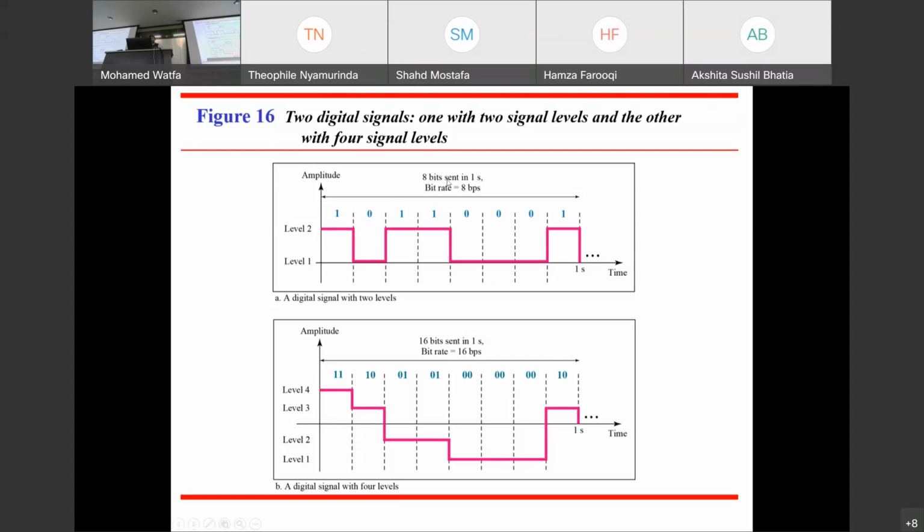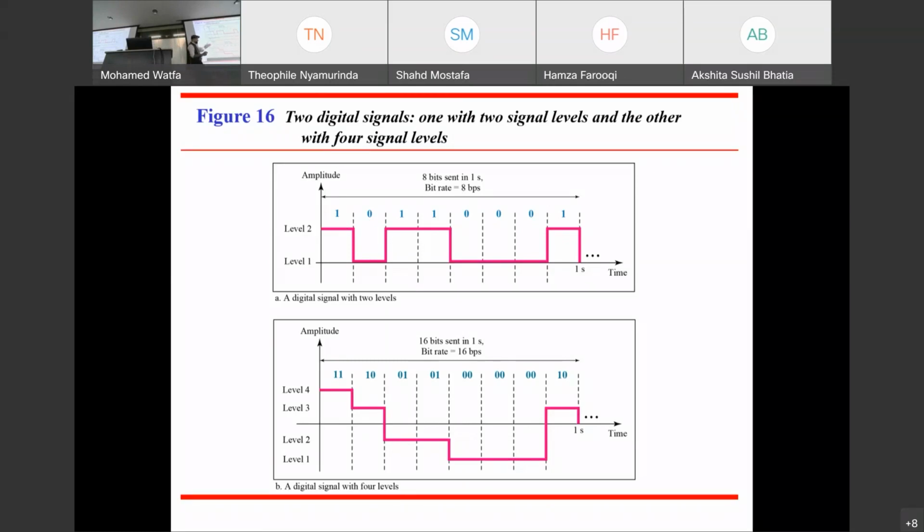If I have 8 bits sent in 1 second, my data rate is basically 8 bits per second. Very simple: 1 bit, 1 level. This is definitely not used. It's super slow and doesn't do much. Imagine every bit needs a level signal. Of course, what we use is way better, way more complicated.